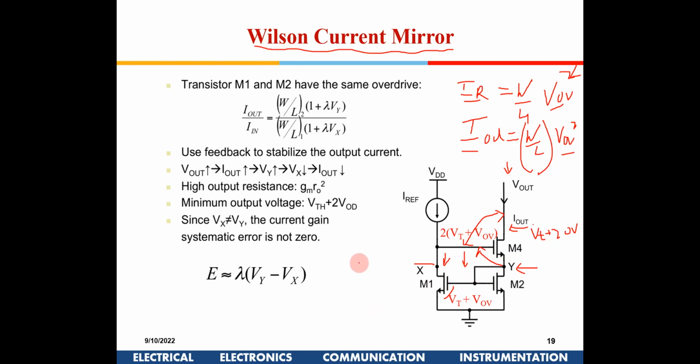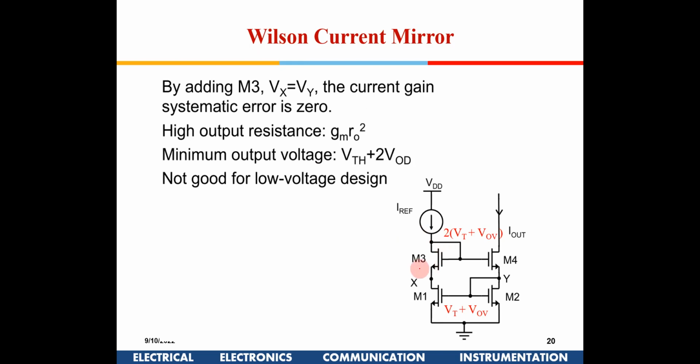So it is known as Wilson mirror. There is a modified Wilson current mirror also. Here we are giving a connection like this out here. So here you will find a VT plus VOV, and from here to here it is VT plus VOV. From here to here it is again, so this will become 2 VT plus VOV.